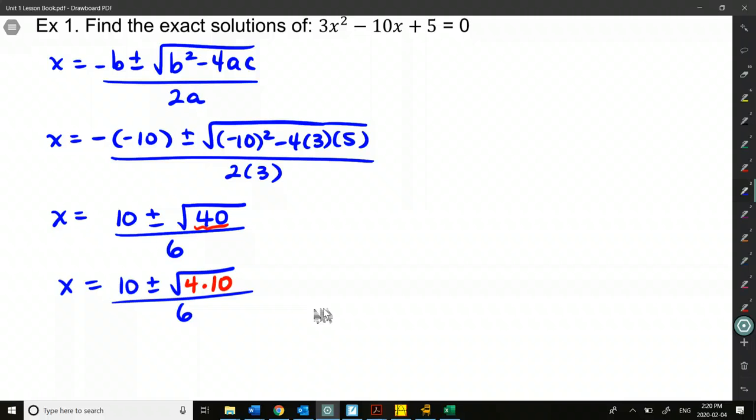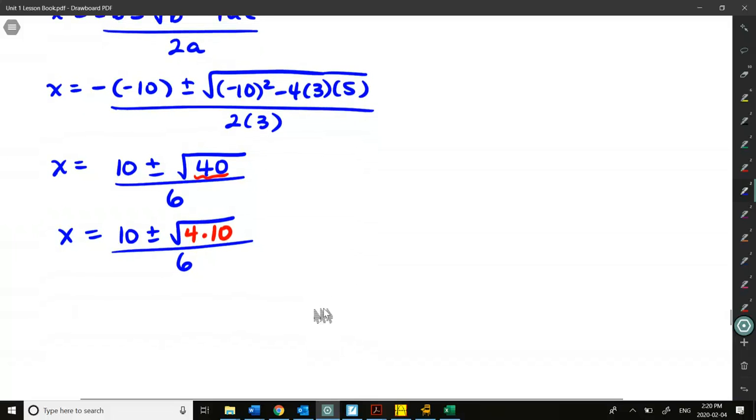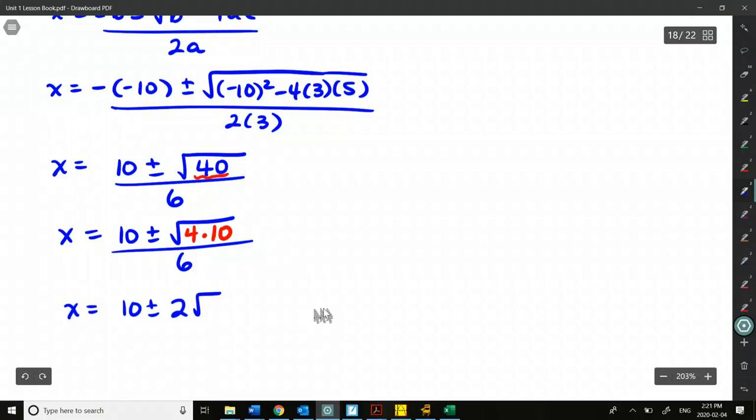So, Sophia, 100, 10 squared, minus 60. You okay? Okay. Did you forget to write the negative 10 squared? All right, square root the perfect square part of this, we'll get 2 root 10.